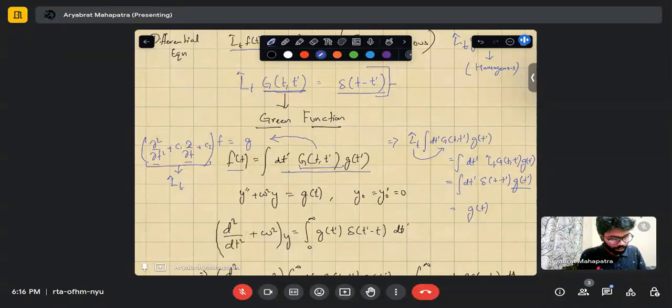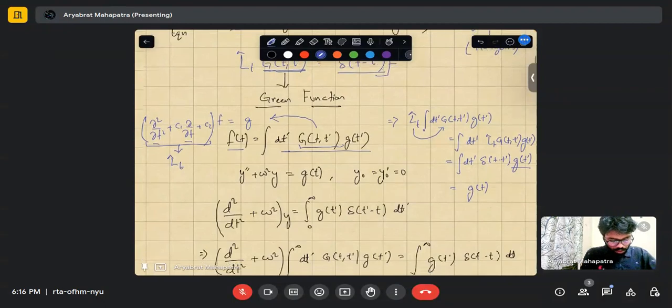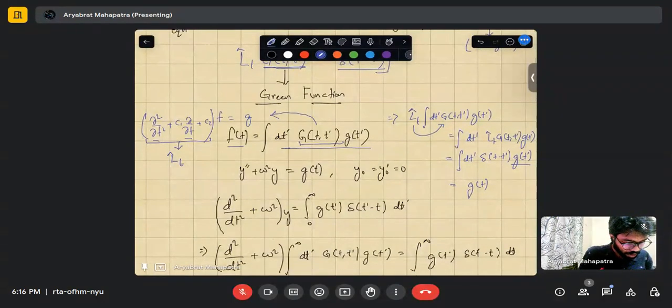So these are called test functions, and that is the result of your integral. If you could not remember this, I would suggest you go back and see how this integral comes. It's just a direct use of the property. That's it. So finally I obtained L of t f of t is g of t.